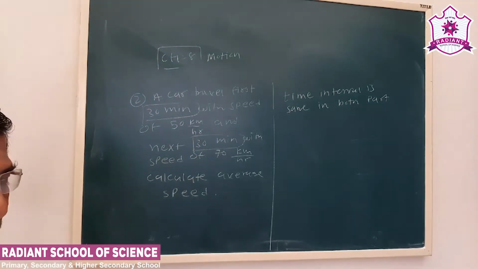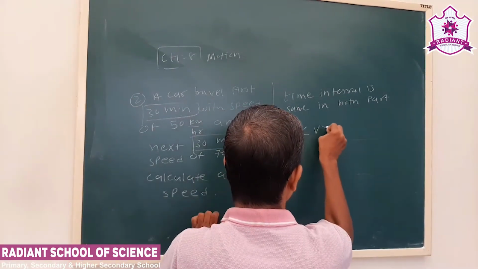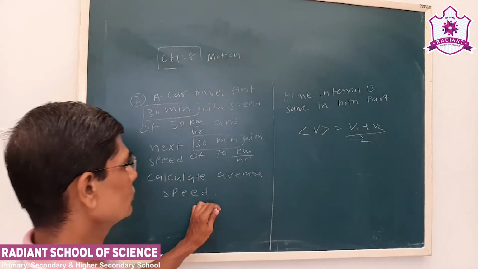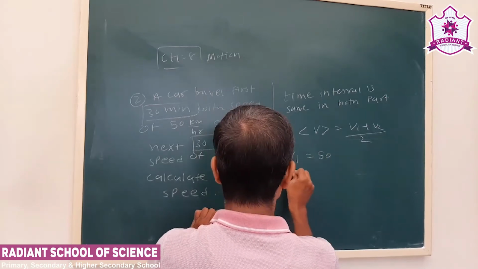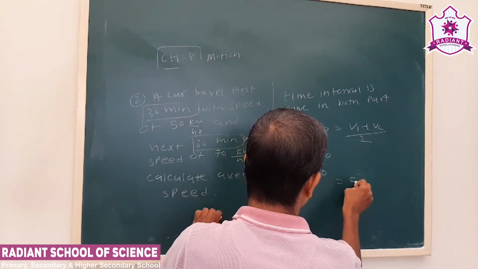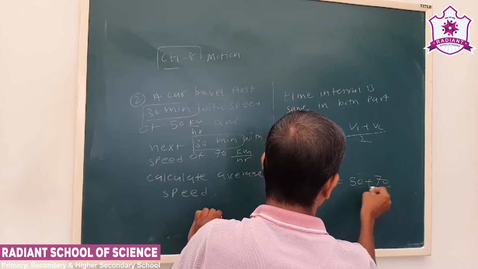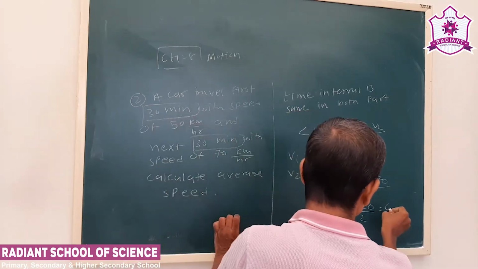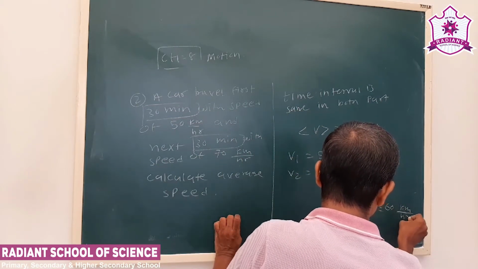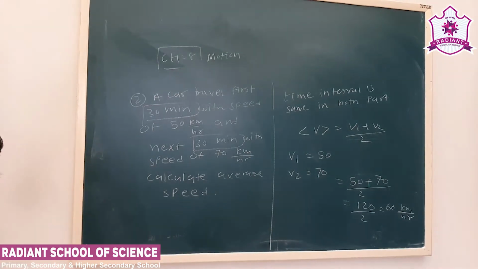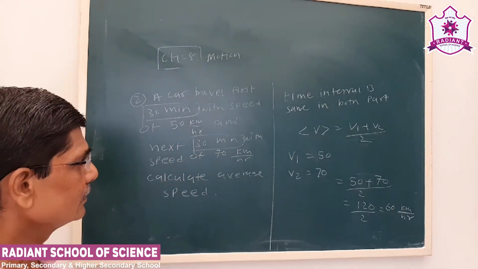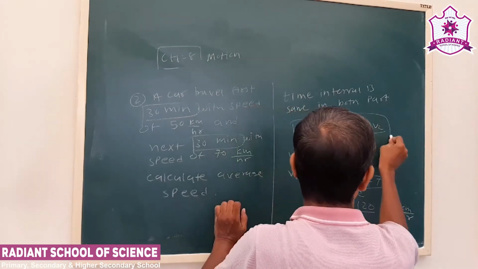Okay, so now we have seen the formula. When time interval is same, average speed is v1 plus v2 by 2. Okay, so here v1 is how much? 50, v2 is 70, so 50 plus 70 by 2. Okay, so this is how we can solve. See, in both parts time is same, so we can use the formula average speed is v1 plus v2 by 2.